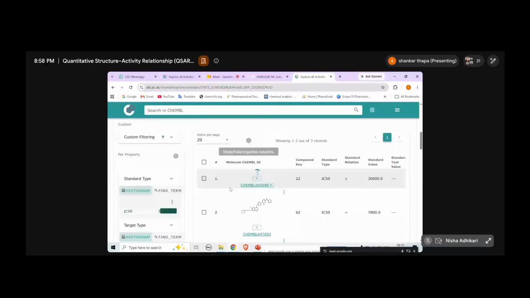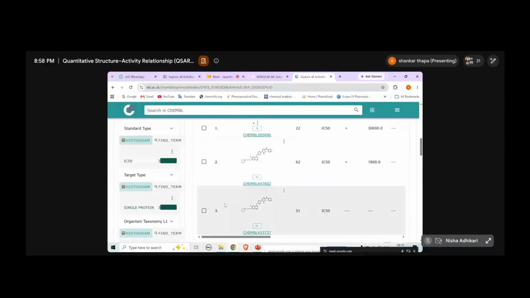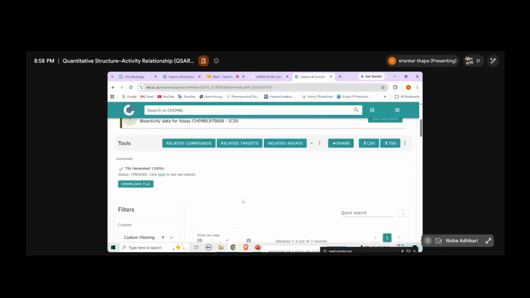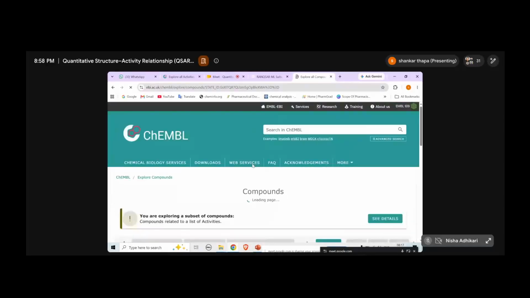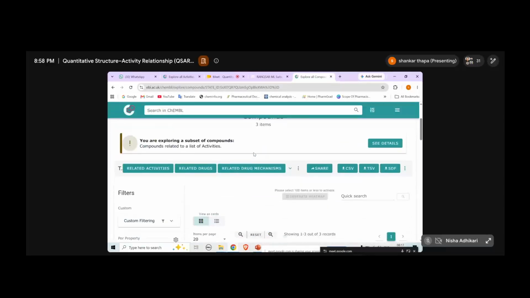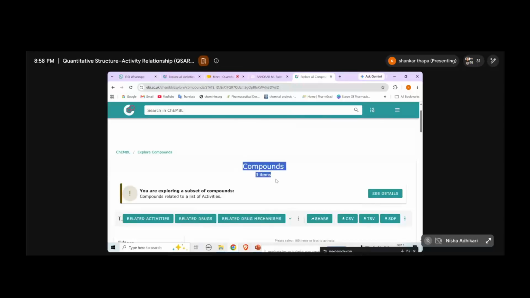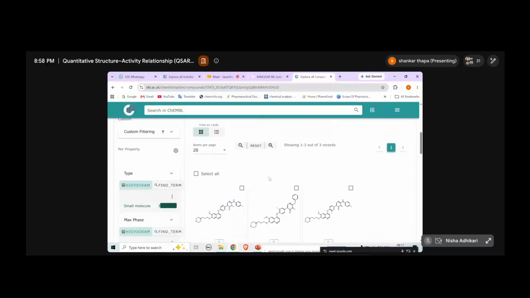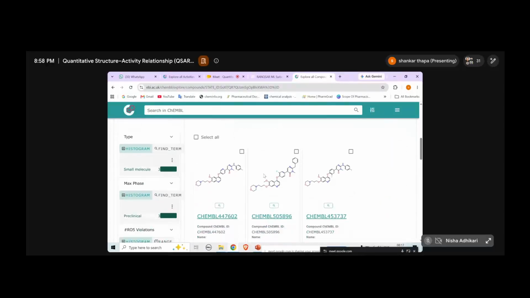So how can you download all three structures at once? For that, you have to go here to related compounds. Just click it. How many compounds is it showing? 3 compounds. If you scroll down, it shows them this way, 1, 2, 3.